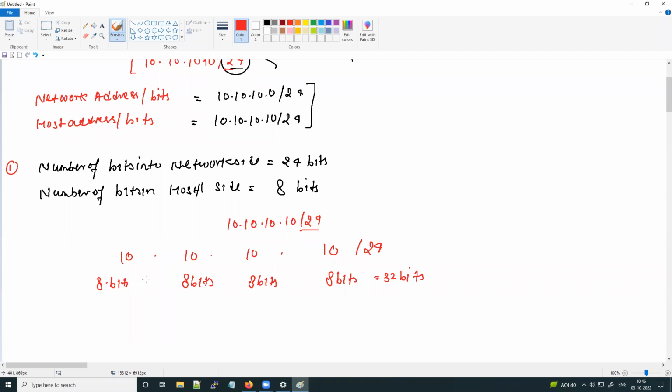I am saying make all the bits 1 till 24.